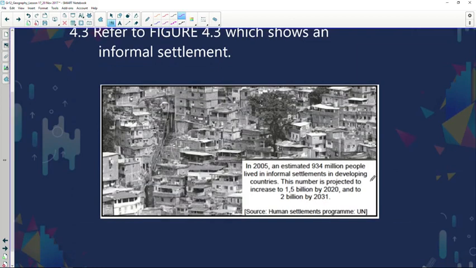Now, this stands out for me. Developing countries. Developing countries are countries that still focus on raw materials and not on processing and industrial development. And if you look at the informal settlements, we do have quite a lot of it because of the rural-urban migration that we experience and because of the unemployment rate.